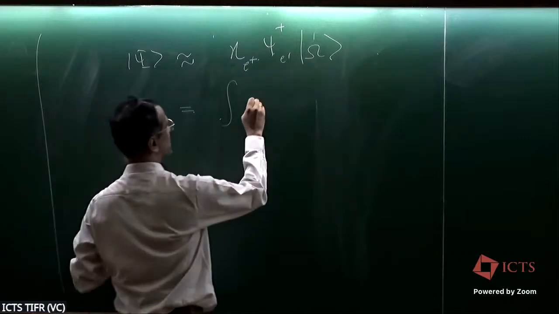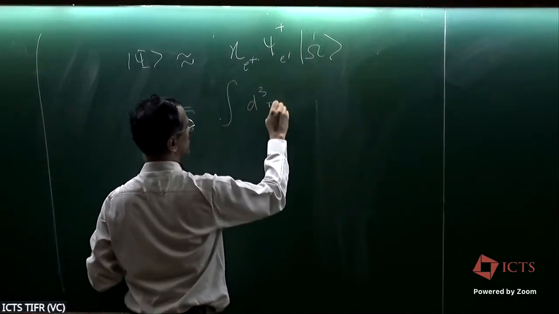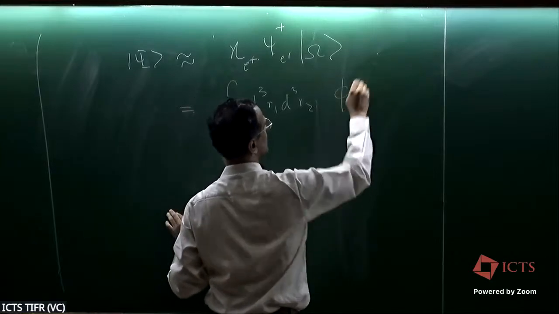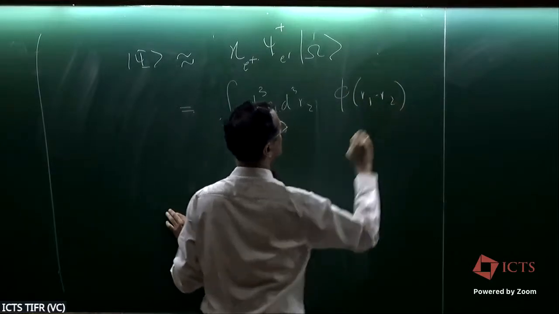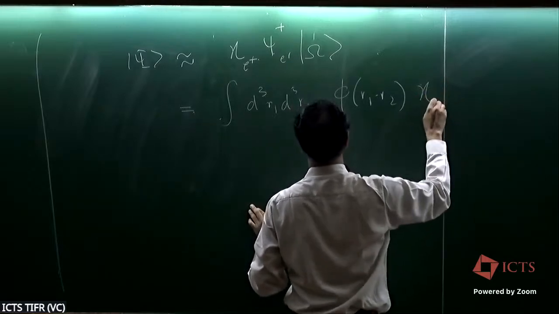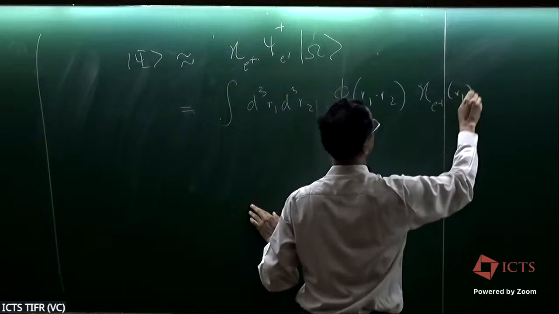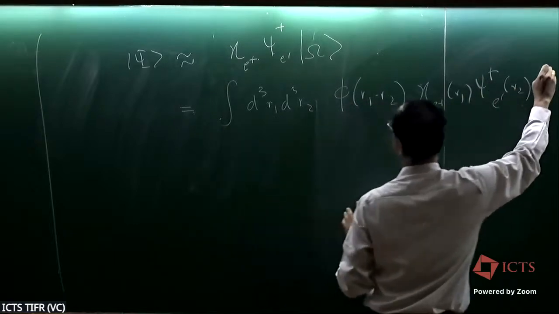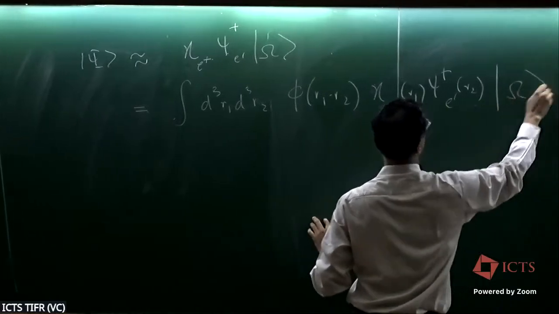Really, it will have some form like d cubed r1, d cubed r2, some wave function times psi dagger at r1 and chi at r2.